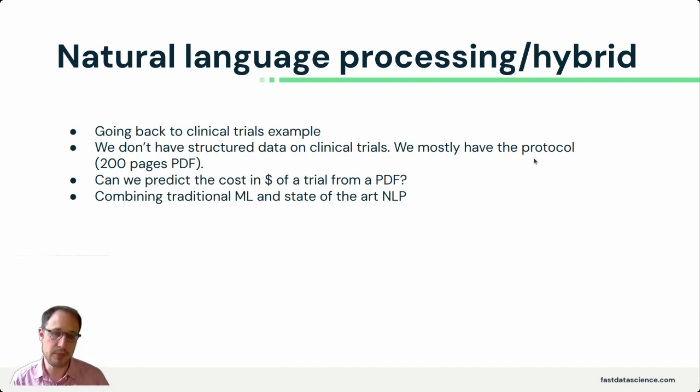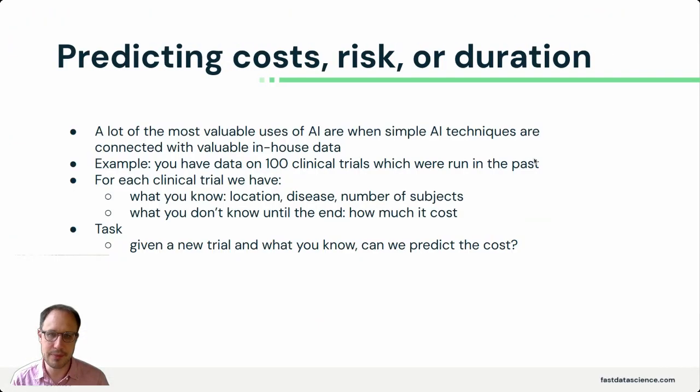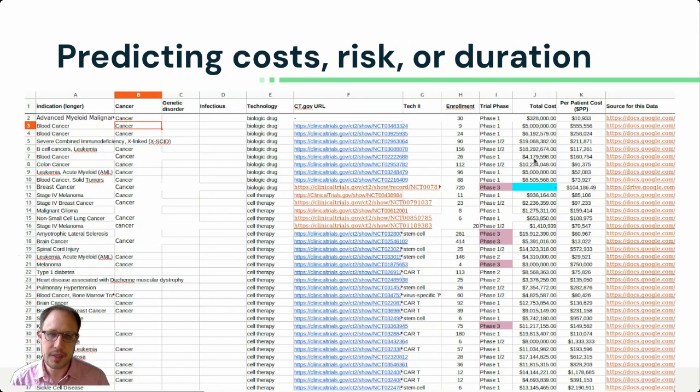We're working on models at the moment where you can drag and drop these PDFs, and you'll get a prediction for the dollar value of that trial just from the raw PDF. So if I go back to my earlier example, here I had a table of structured data.